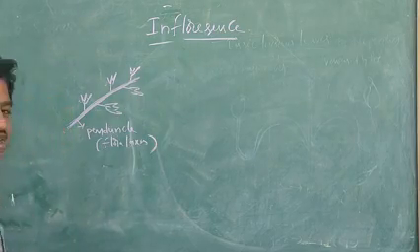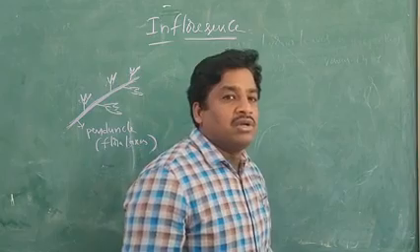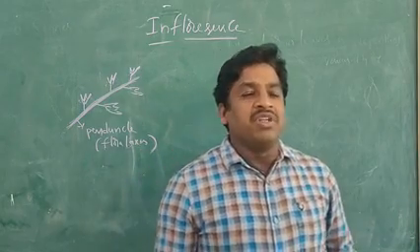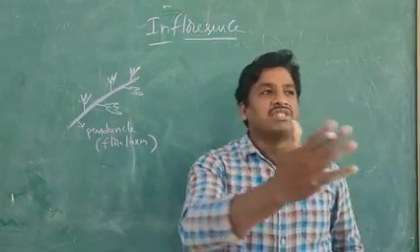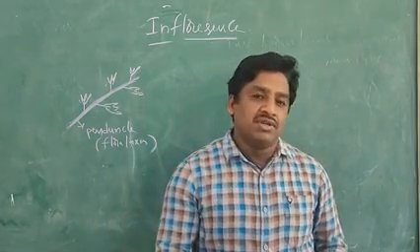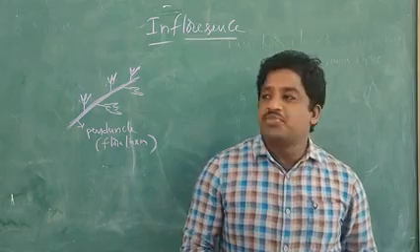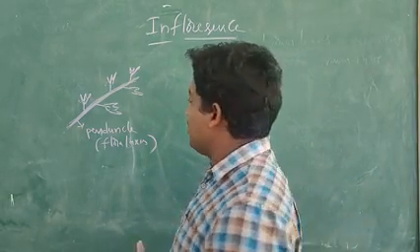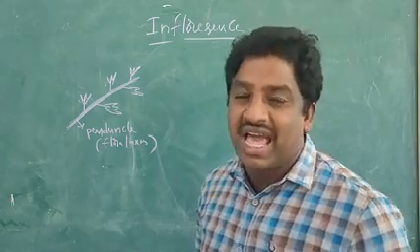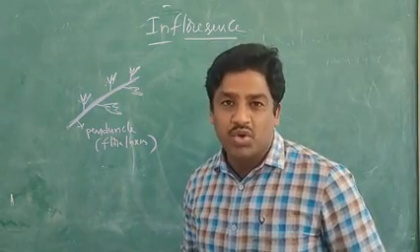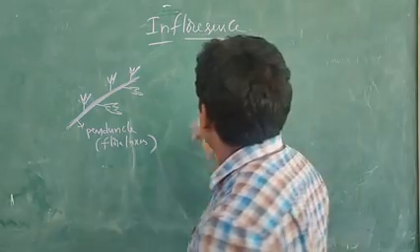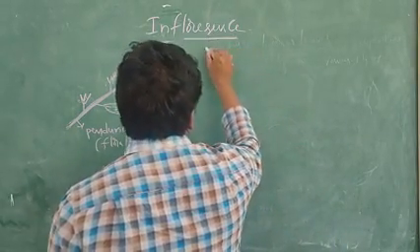So the inflorescence, particularly you can see in the surrounding plants outside, the arrangement of flowers is of two types. That's why you call it inflorescence. So the inflorescence is of two types.